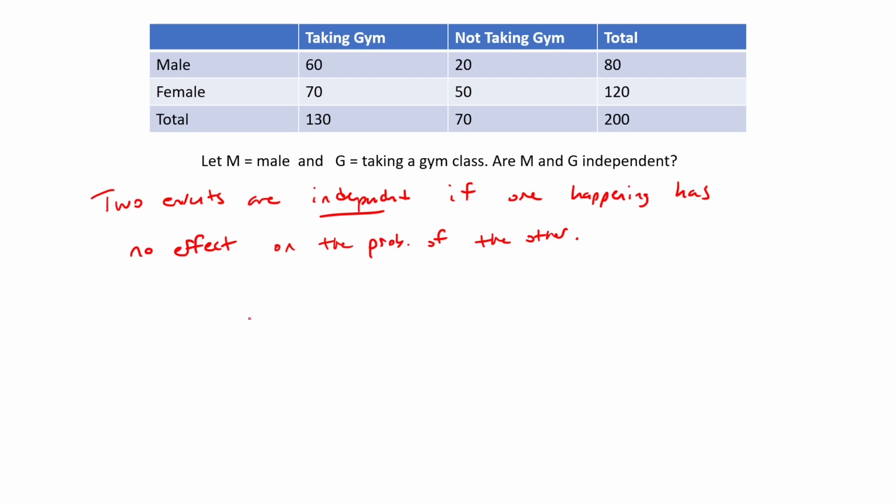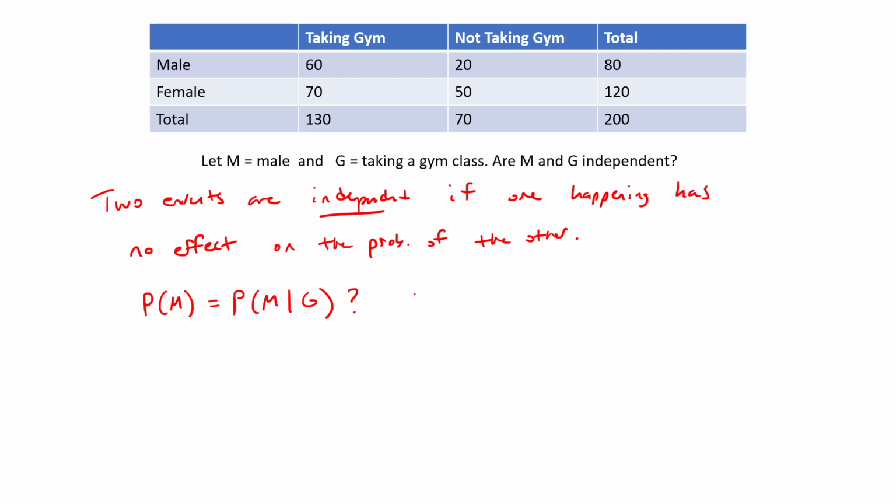Mathematically, we can say if M and G are independent, that would mean the probability that you choose a male is the same as the probability that you choose a male given that you've chosen somebody in a gym class. Saying that one more time, knowing that someone's in a gym class doesn't change the probability that they're male. If they are independent, that will be true. So the question is, are those equal?